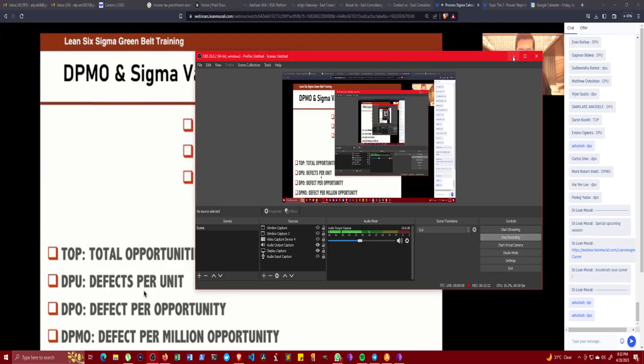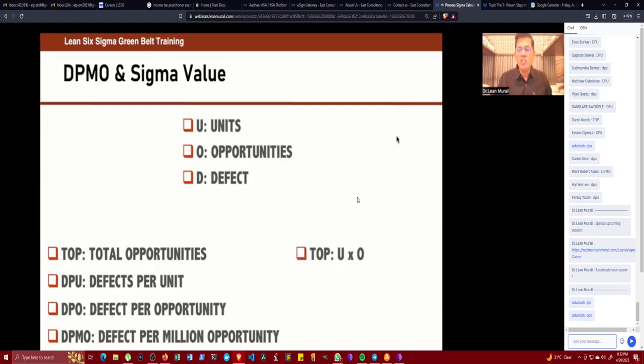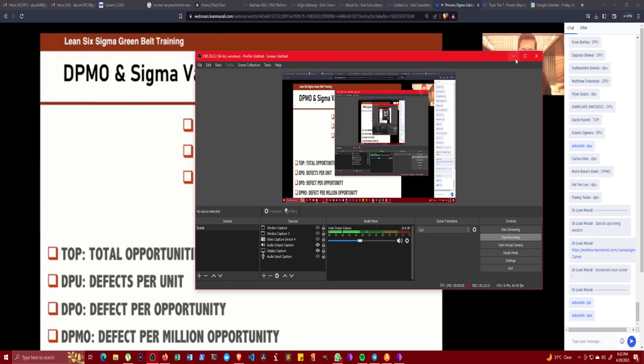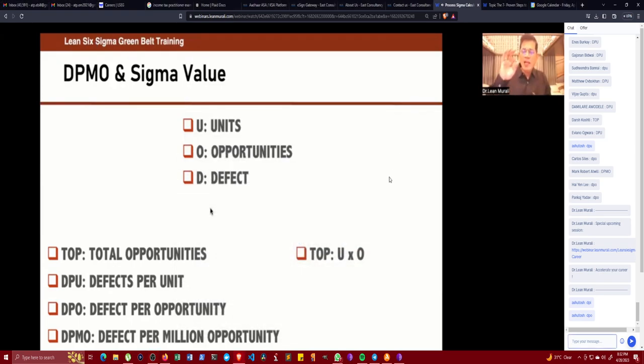Okay, let us go a little deeper. I'll give you the simplest of examples. Total opportunity is a simple mathematical calculation. For this ring, if the weight of the ring and the inner diameter of the ring matter, then it is 2 opportunities.